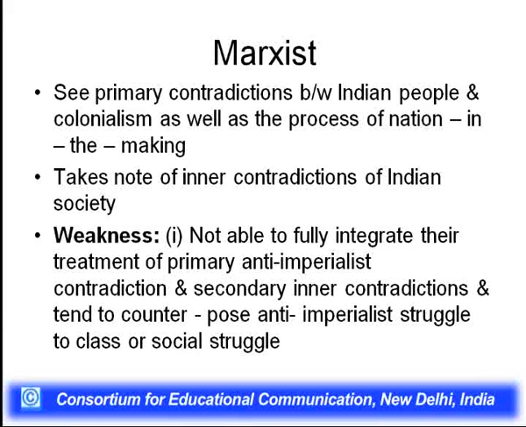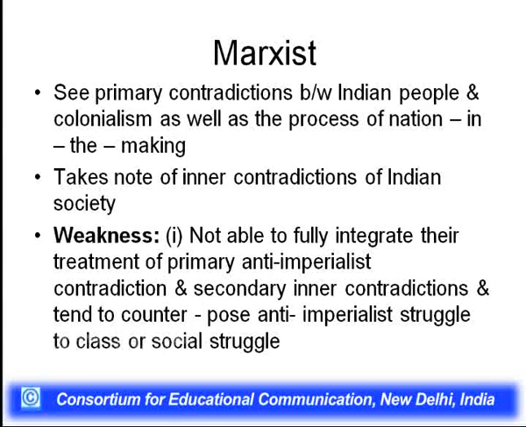They take note of the inner contradictions of Indian society, and their weakness was that they were not able to fully integrate their treatment of the primary anti-imperialist contradiction and secondary inner contradictions, and tend to counterpose anti-imperialist struggle to class or social struggle.